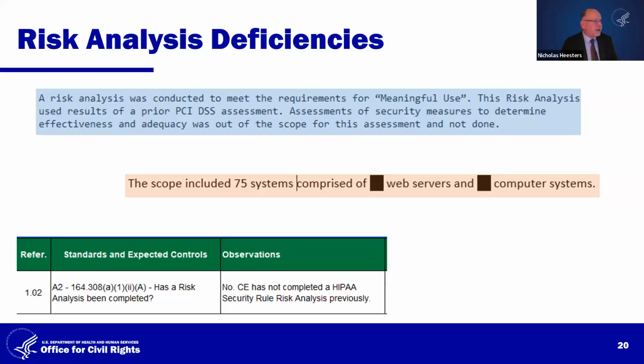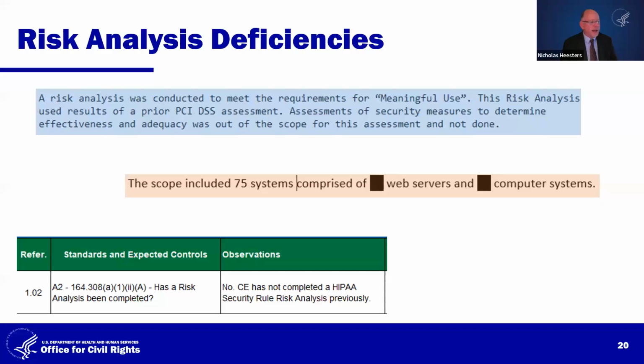All right, so this risk analysis used the results of a prior PCI DSS assessment. Okay, well, that's okay. What's prior? It's prior last month. It's prior 5 years ago. So there is an issue here with is our risk assessment going to be accurate and thorough?